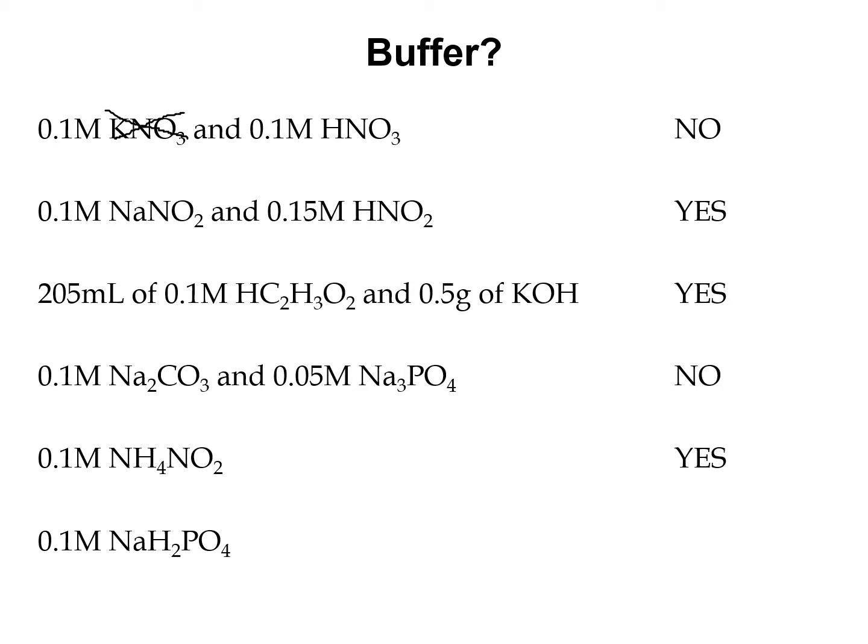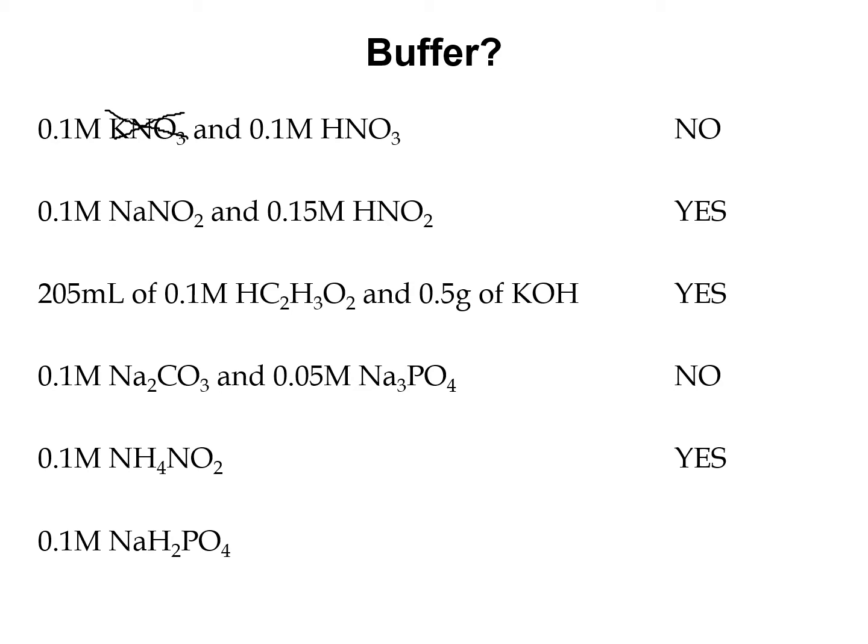Look at our last example. We have 0.1 molar sodium hydrogen phosphate. Now, sodium is positive. It cannot attract hydroxide because that would make a strong base. But remember, we have some ions that are considered amphoteric.